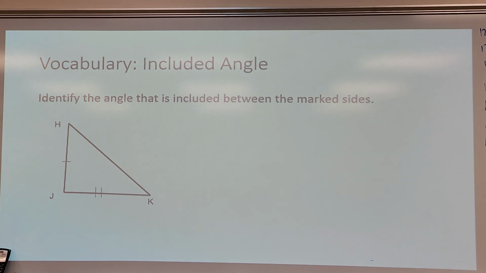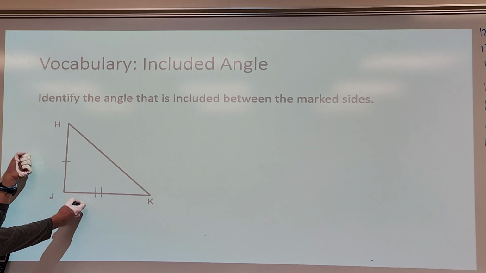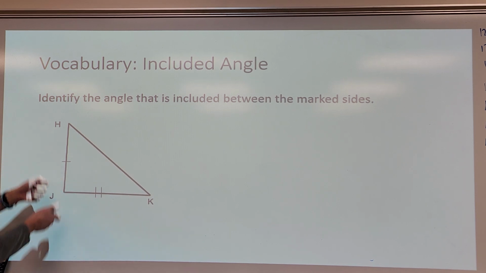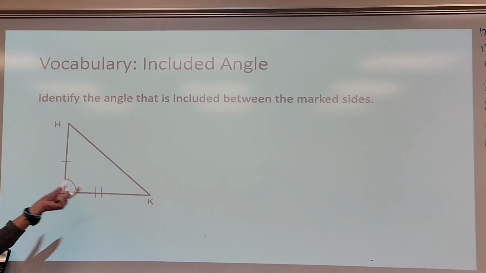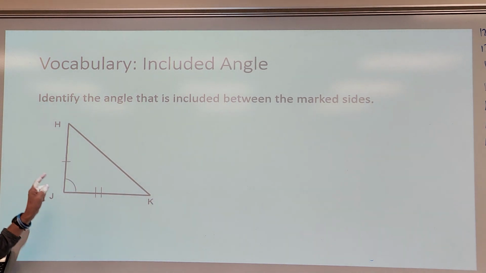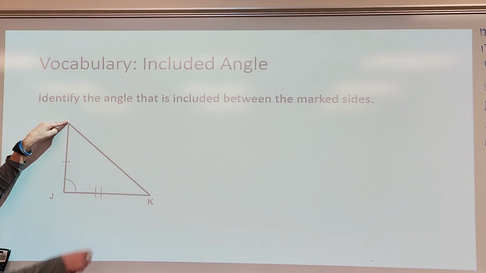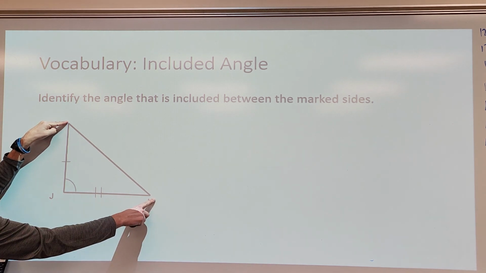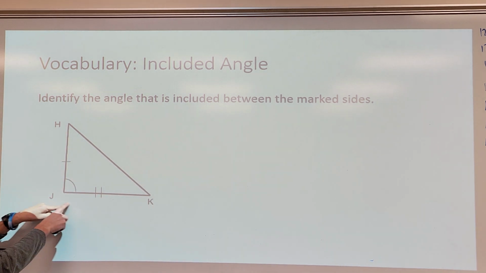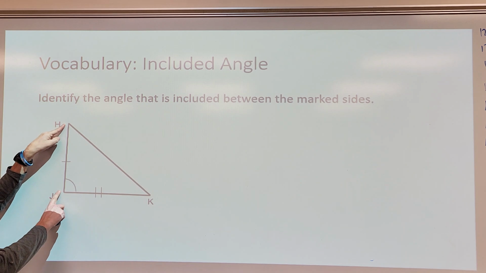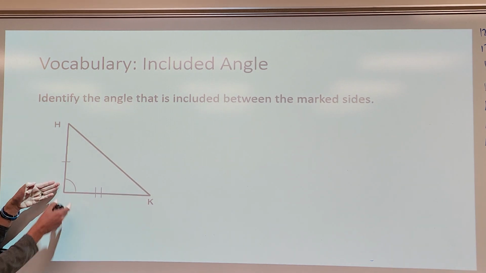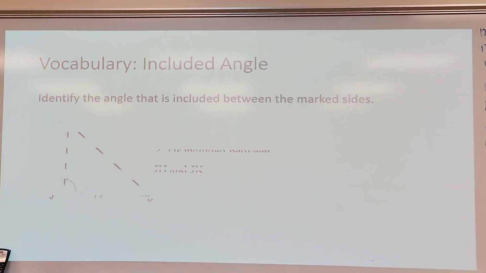What is the angle that is included between these sides? Hopefully you're going to be able to tell me that J is the angle that is included between those sides. Another way to understand that is that segment JH and segment JK share the angle at J. JH, JK, the angle at J is the included angle.